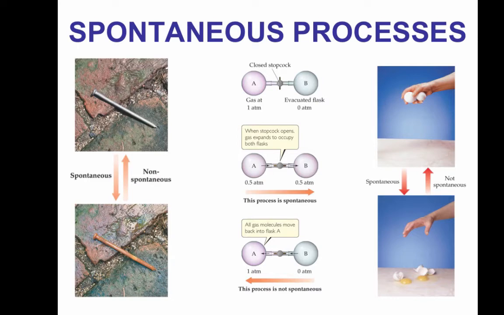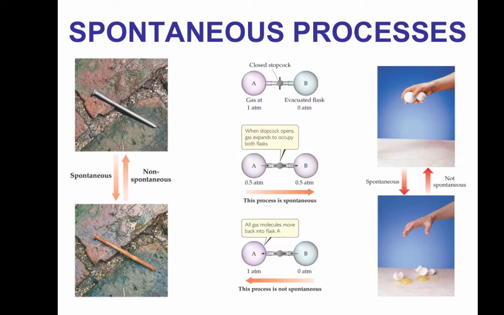We've already looked at kinetics. That deals with rate. Spontaneous is just, will it occur on its own without any outside interference? So you could have something that's very fast, for example, dropping the egg. You drop it, it breaks. But if you're looking at rust, that happens over a long period of time. Thermodynamics tells us the extent and the direction of a reaction, but it does not tell us about the rate.